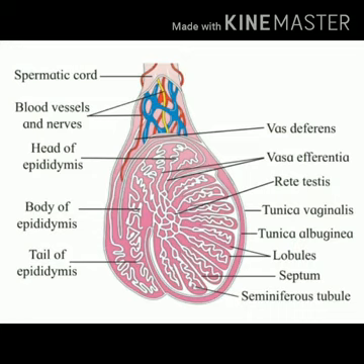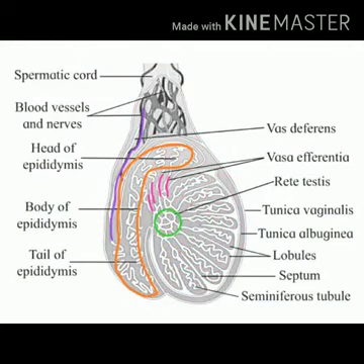For better understanding, this diagram is shown by various colors for you students. See, the rete testis is shown in a circle, green in color.